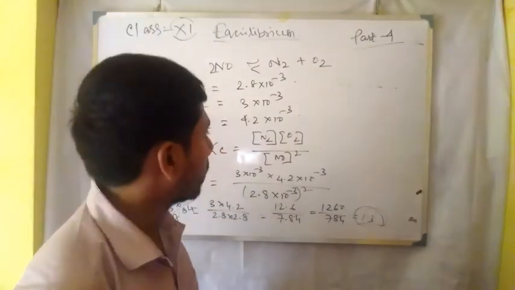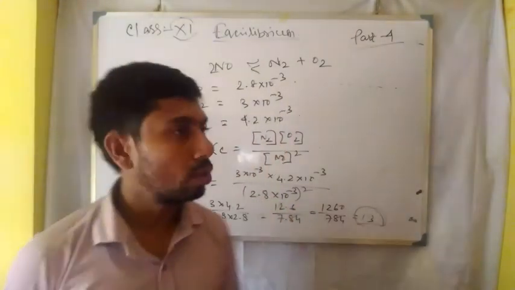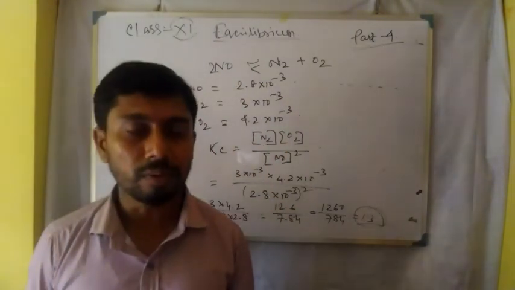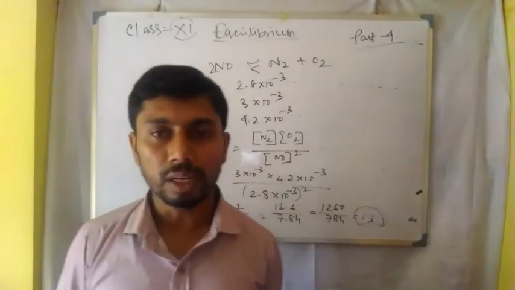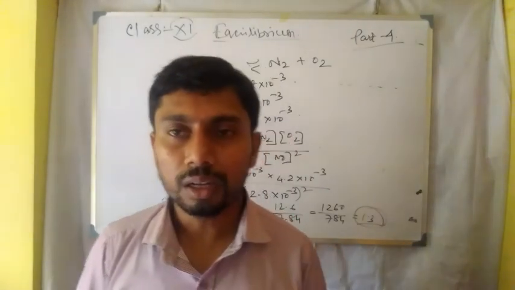So the value of Kc for the reaction is that. In this way we can calculate the value of Kc, and from that we will predict the feasibility or spontaneity of the reaction.